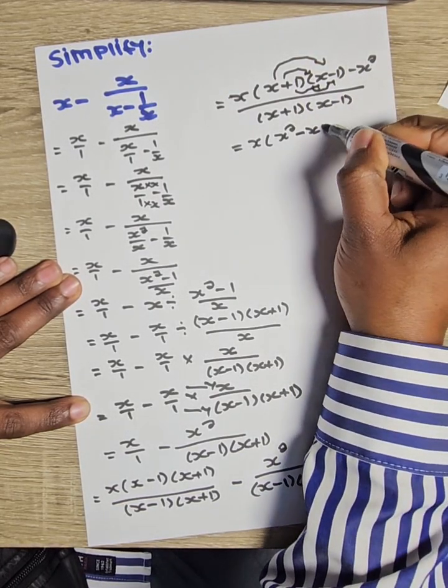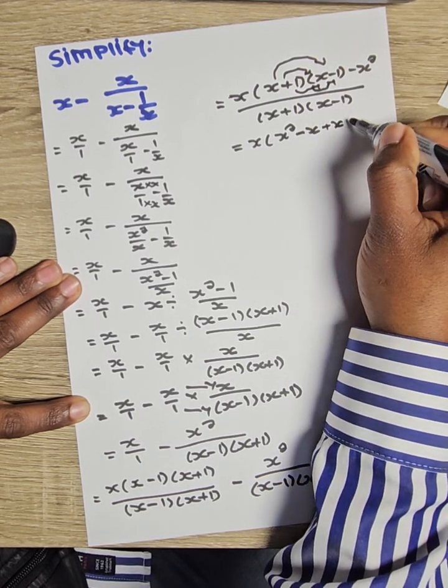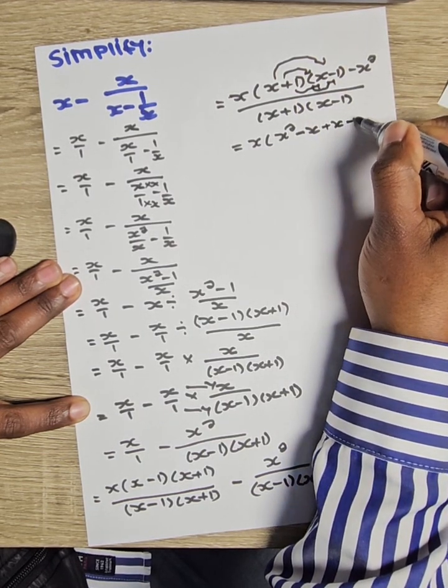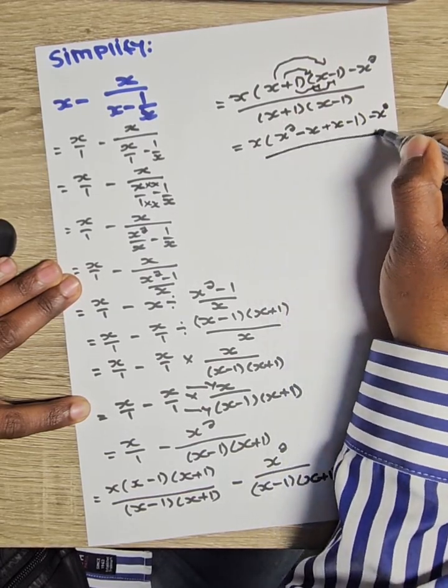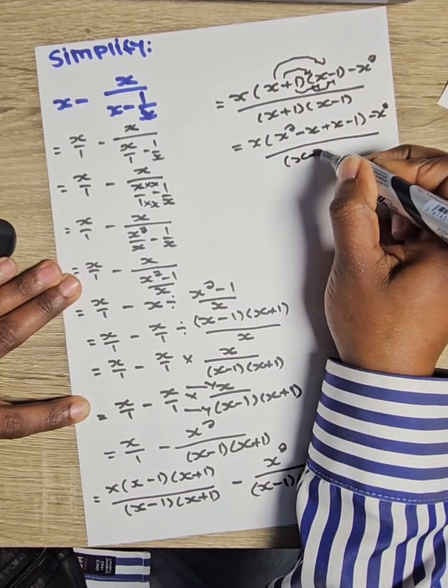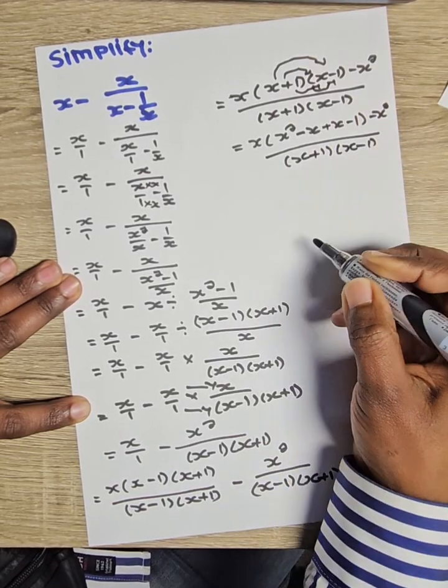Plus 1 times x is plus x, plus 1 times minus 1 is minus 1, minus my x squared over x plus 1 times x minus 1.